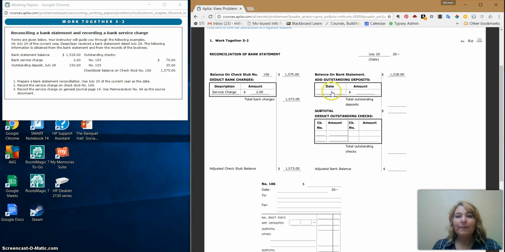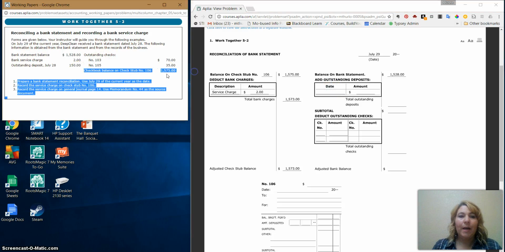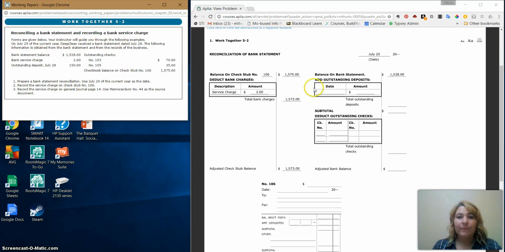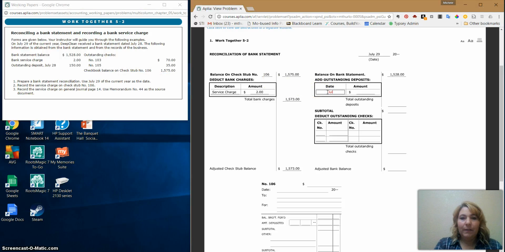So outstanding deposits, it said we had 1 outstanding deposit on July 28th. So we'll put in the date. Looks like you're going to do it in numerical form, 7/28, and the amount of that deposit was $150.